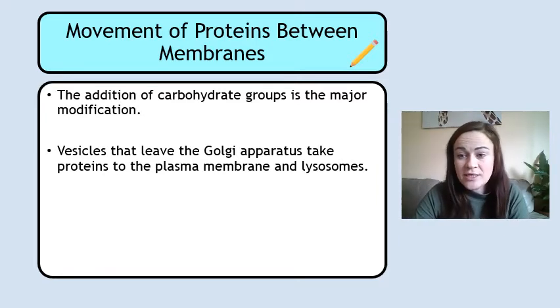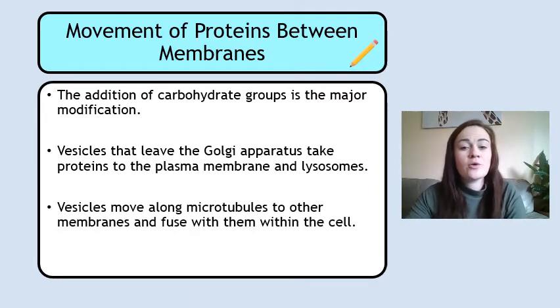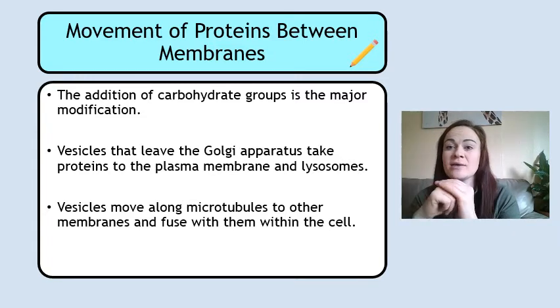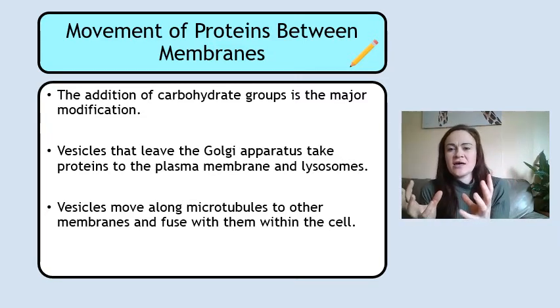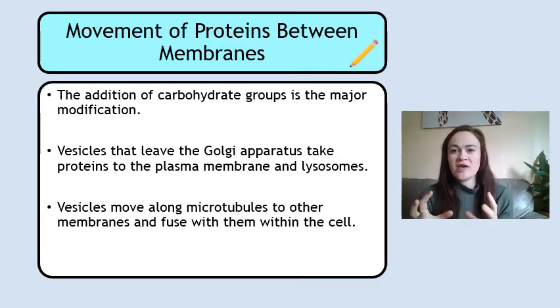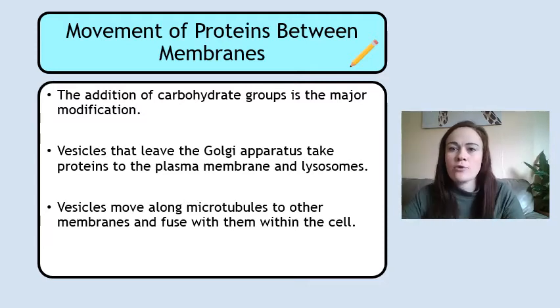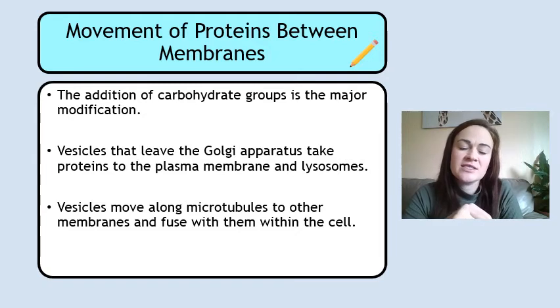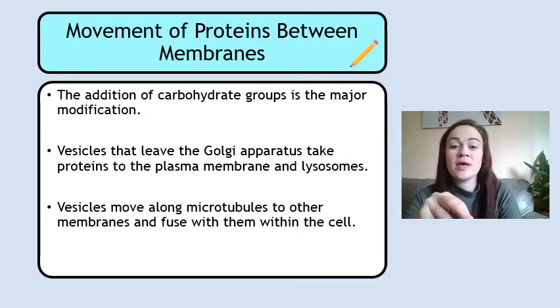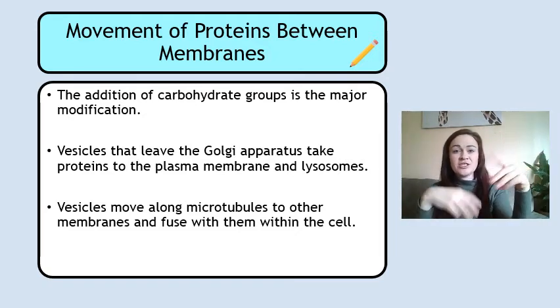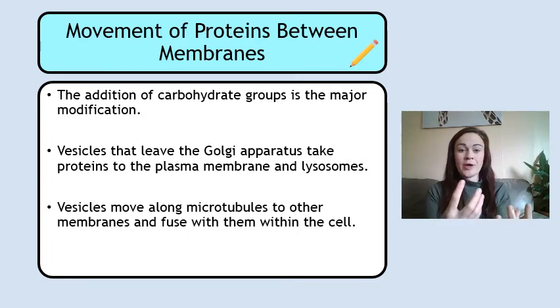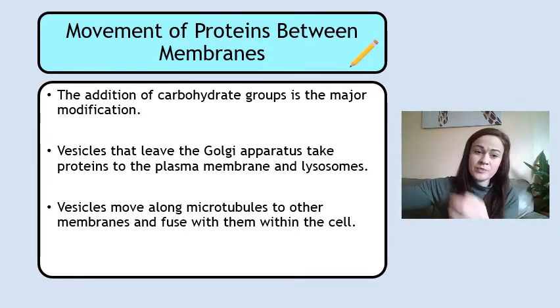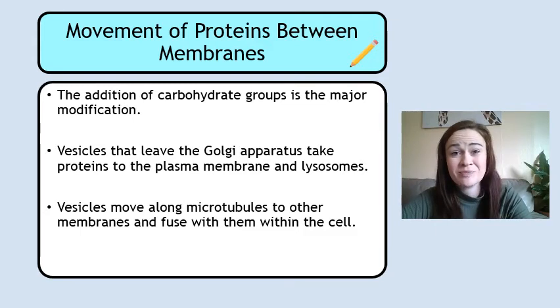Now remember, the lysosome is the big cleanup structure of the cell. It's filled with lots of enzymes that can destroy big macromolecules. Again, for these vesicles to move from the ER to the Golgi apparatus, through the Golgi apparatus, and from the Golgi apparatus to the plasma membrane and the lysosome, they move along our microtubules, carried by our motor proteins.